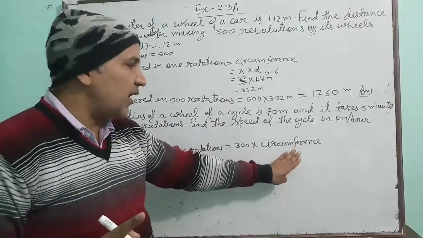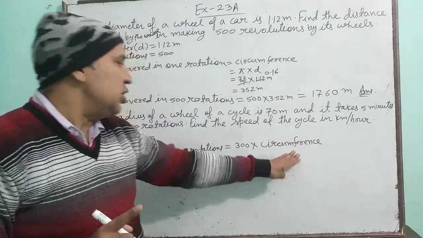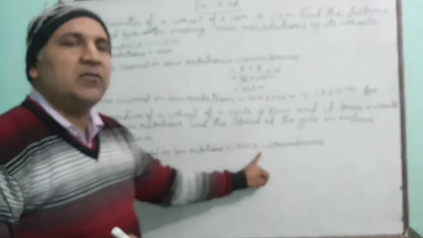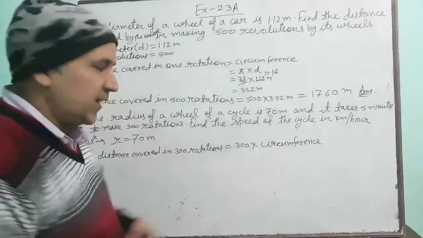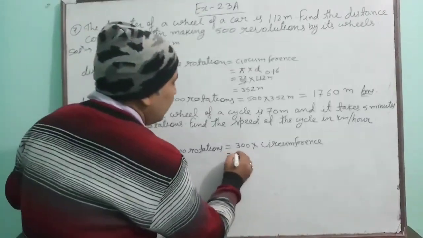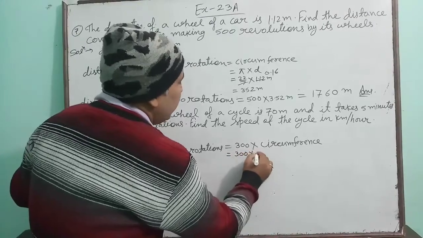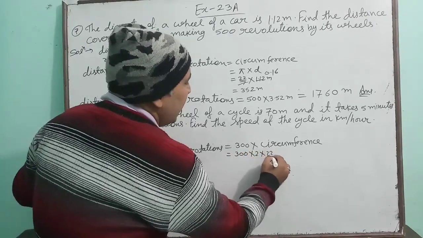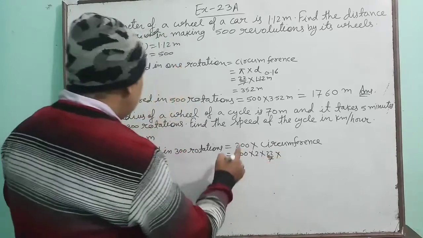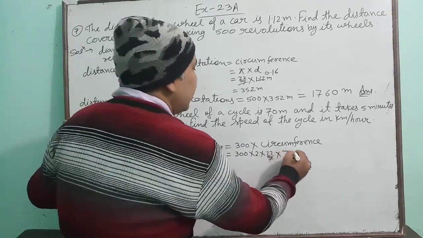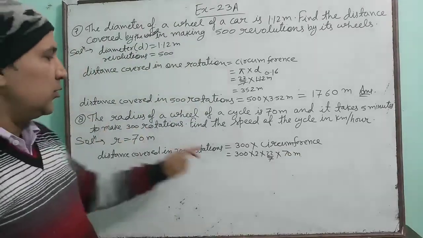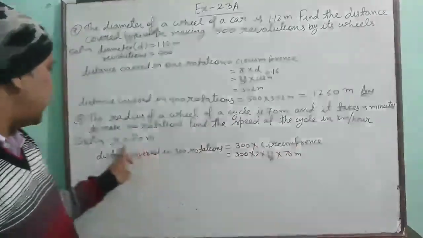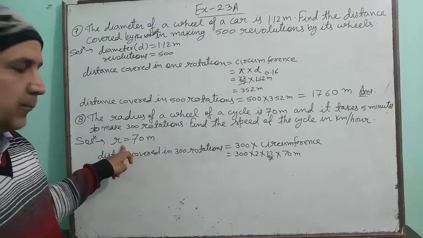So distance covered in 300 rotations will be 300 multiplied with circumference. Now find the value of distance. 300 into 2 into pi. Pi is 22 by 7 into r. R is 70. 2 pi r is the formula for circumference. R is the radius which is given in the question.